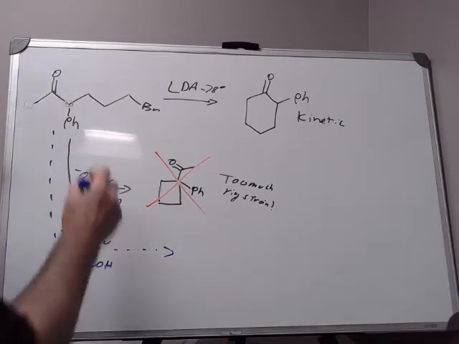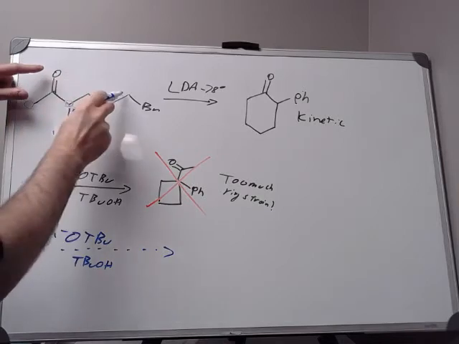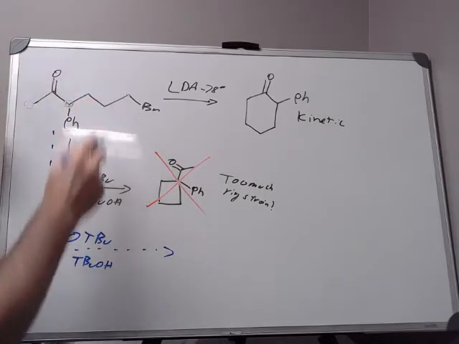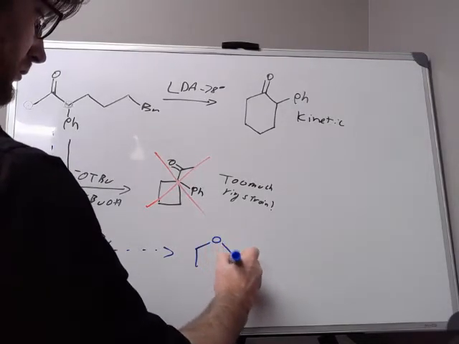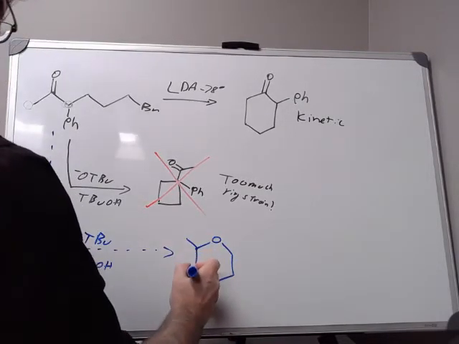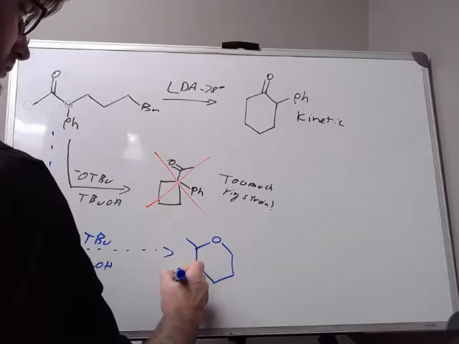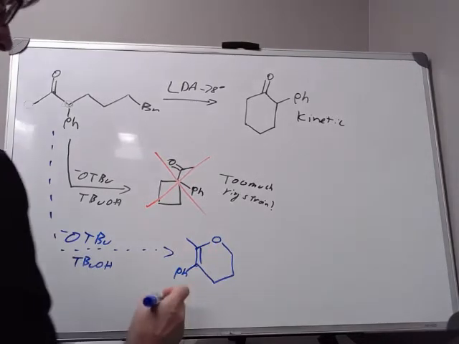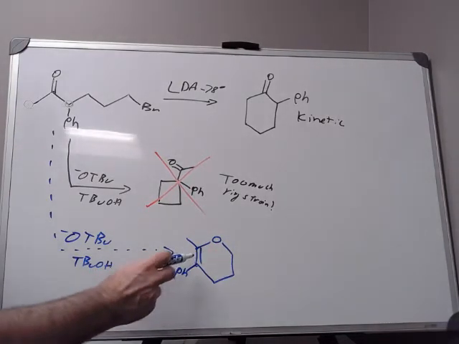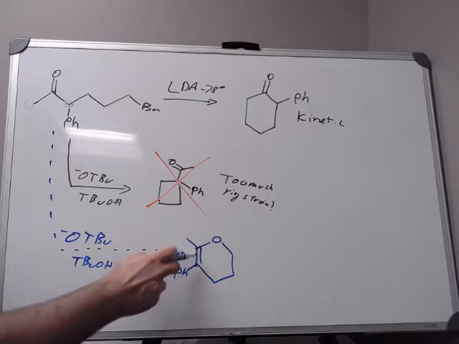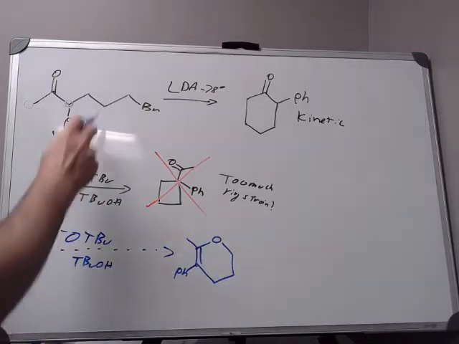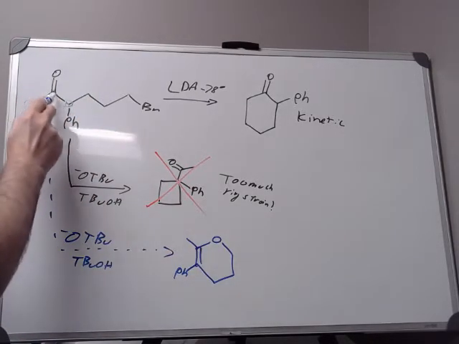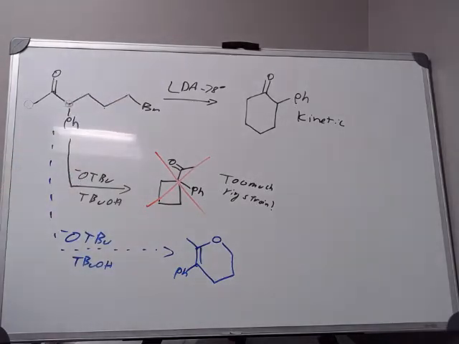And so we can react that oxygen with this carbon and wind up with this structure, because this would be the double bond from the enol, and this would be the negatively charged oxygen from the enolate attacking that and forming a 1, 2, 3, 4, 5, 6-membered ring.